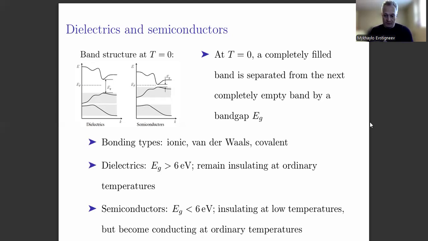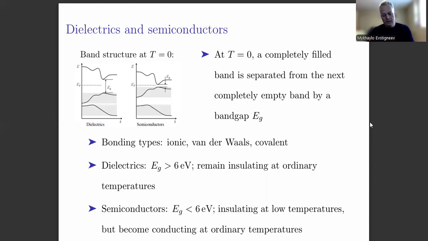While metals from the previous slide are characterized by metallic bonding, in which the valence electrons become shared by the whole crystal, the dielectrics and the semiconductors are characterized by the remaining three types of bonding that we have discussed earlier, namely ionic, van der Waals, and covalent bonding, with ionic bonding and van der Waals bonding being characteristic of insulators, of dielectrics.